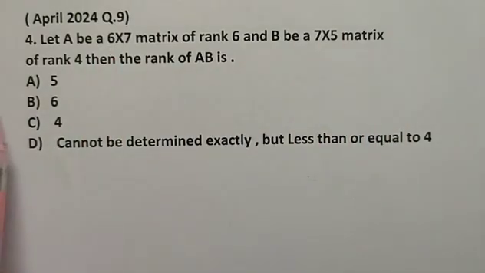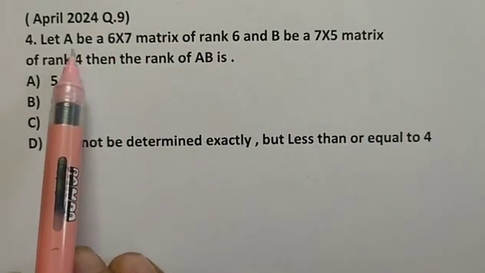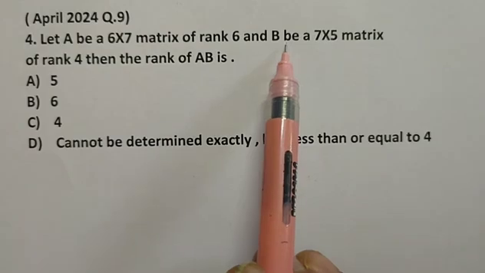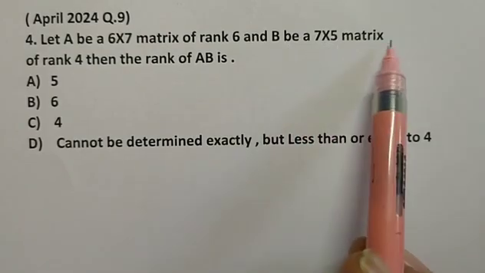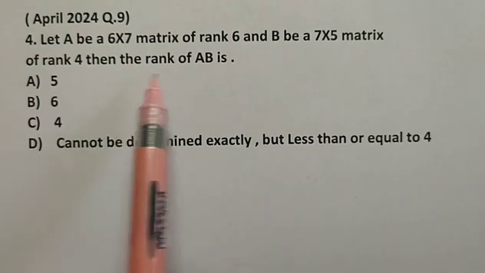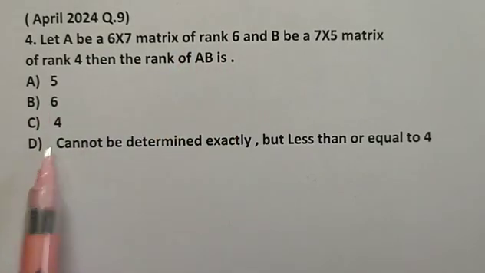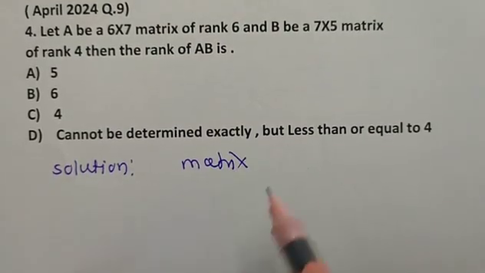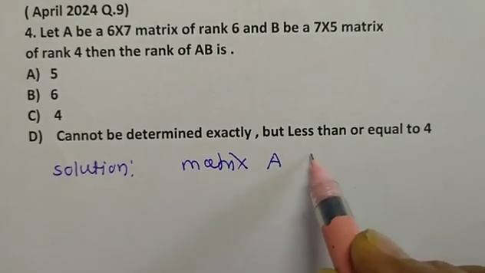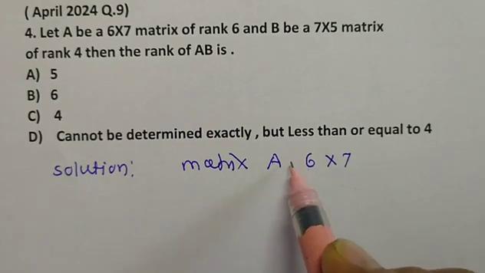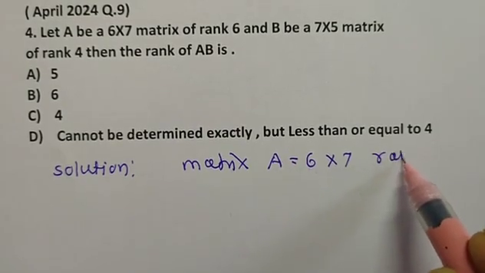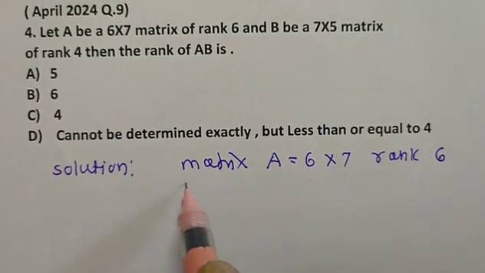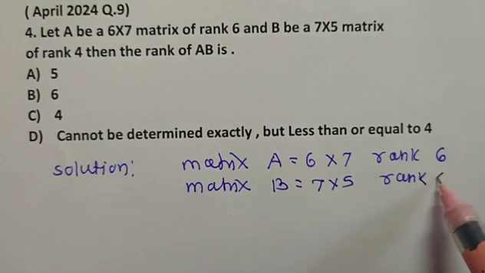This is question number 4. We are given: let A be a 6 by 7 matrix of rank 6 and B be a 7 by 5 matrix of rank 4. Then the rank of AB is. These are the 4 options. Matrix A is 6 by 7 and rank is given 6. Similarly, rank of B is given 4.